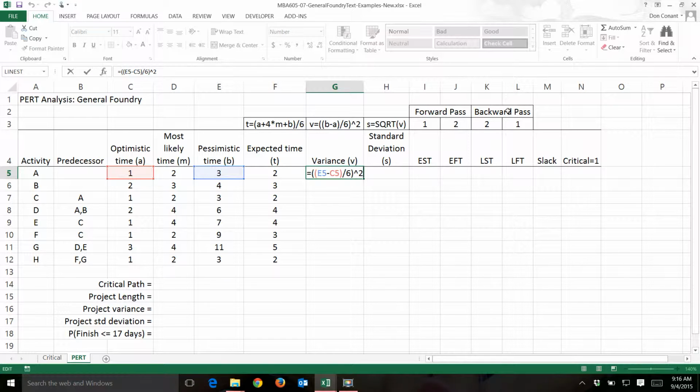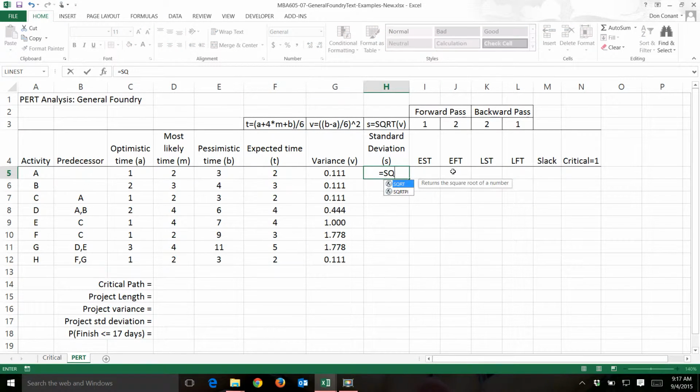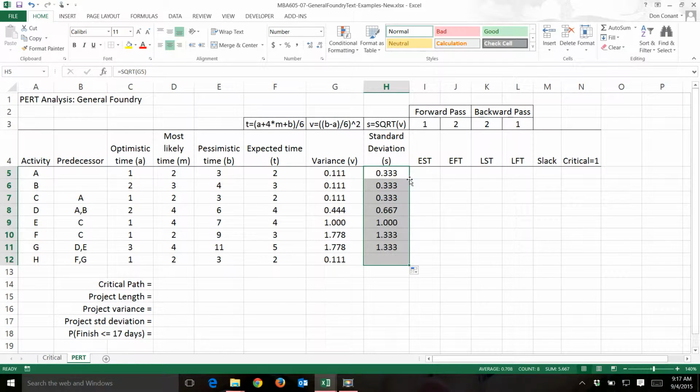This model with a 6 will yield a 99.9% level of confidence. And it's the same for everyone all the way down. The standard deviation is simply the square root of the variance.